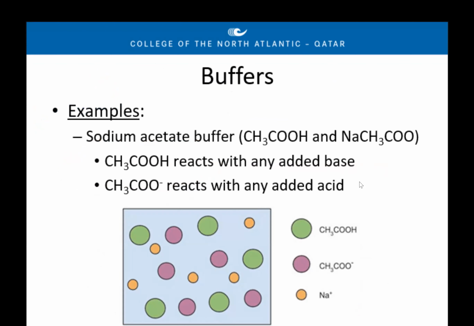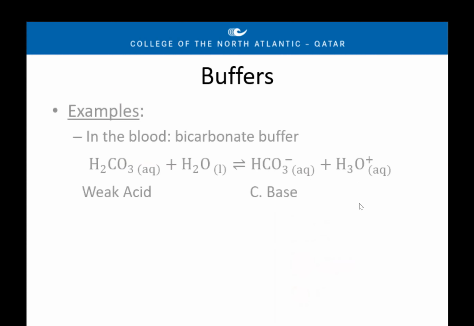So, for example, if you added a base to this buffer system, the acetic acid would react with it. If you added an acid to this system, the sodium acetate part, the base part, would react with it. So it fights pH changes by reacting with acids and bases.